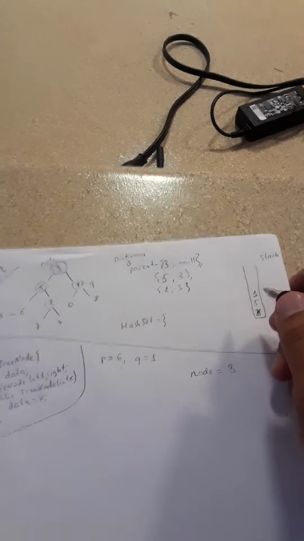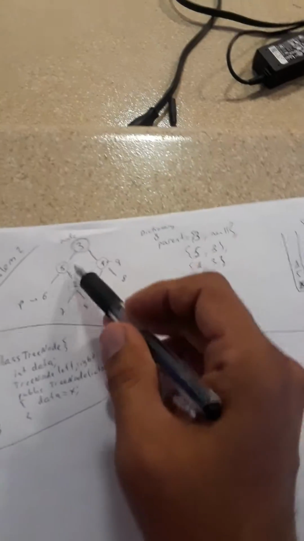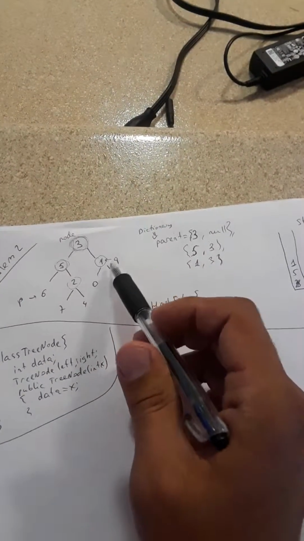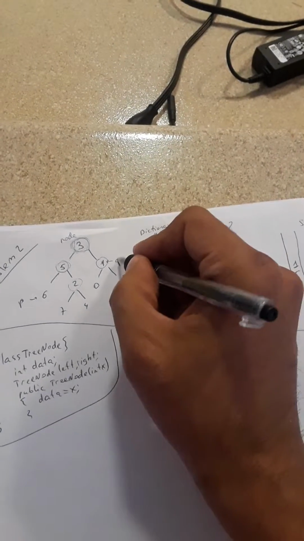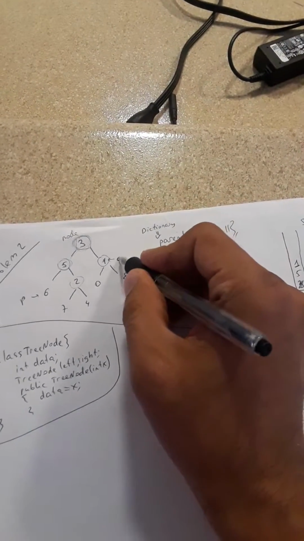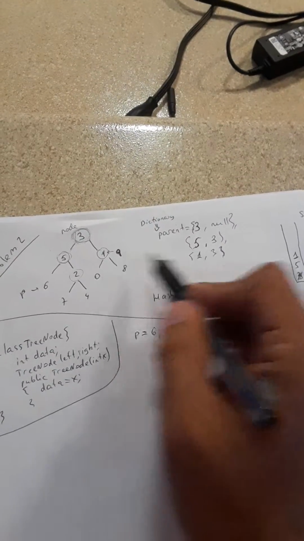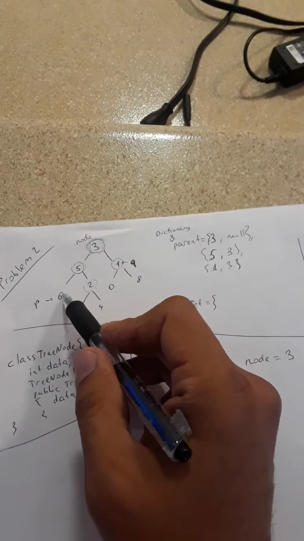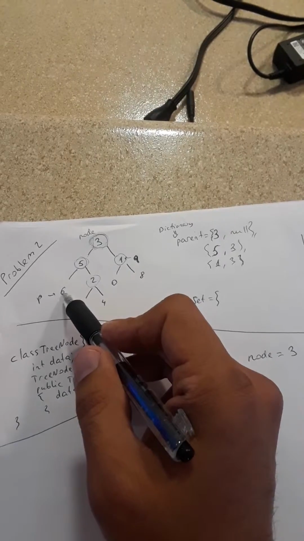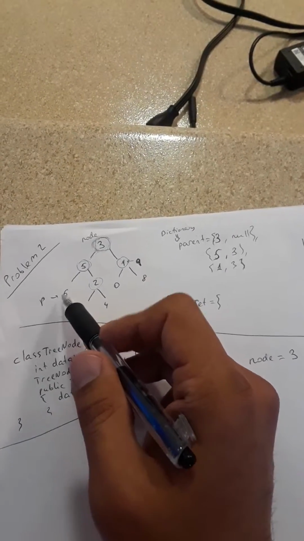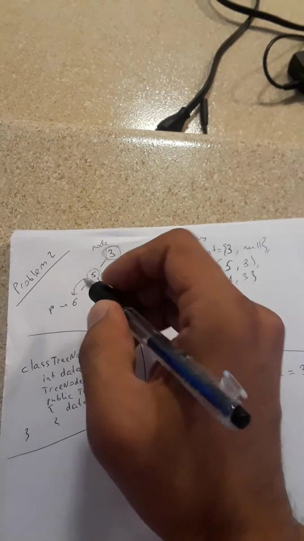After that, I will keep moving until I find the nodes that I'm looking for. In this case, I already found Q, but I still haven't found P. So I will move to the next element.